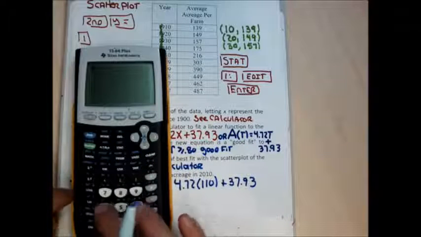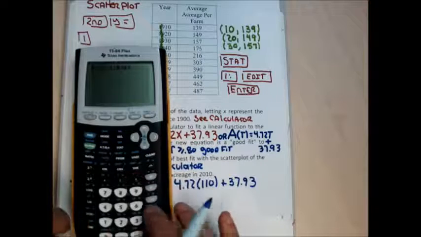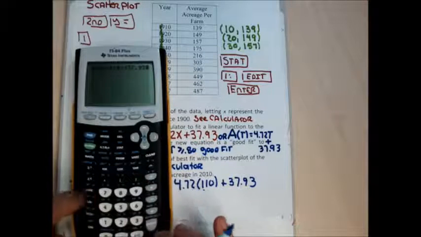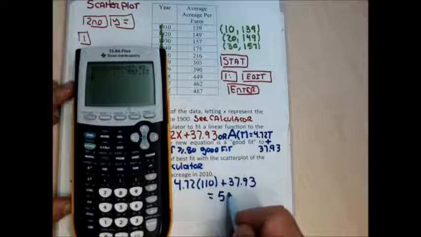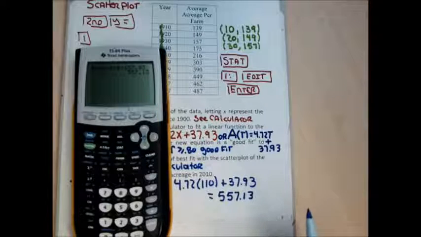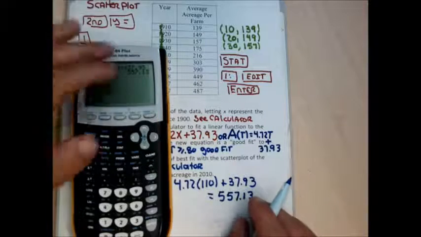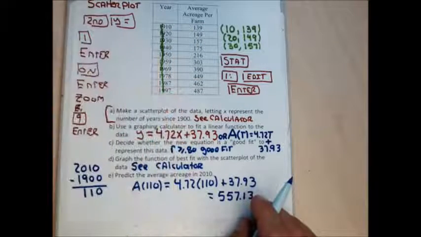So I'm going to do 4.72 times 110 plus 37.93. And that tells me the average farm in the year 2010 is 557.13 acres. I'm just going to leave it rounded like that. All of these numbers didn't have any decimals. If I just said 557 acres, that would be fine.